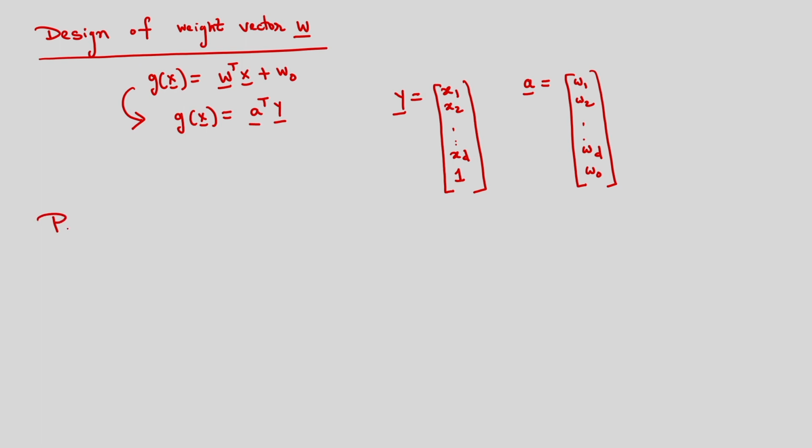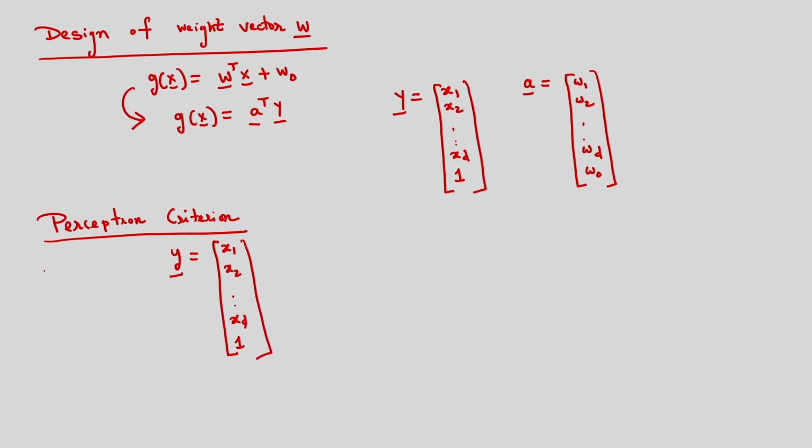So, what is the perceptron criterion? In the perceptron criterion, we considered Y, the augmented feature vector, that is nothing but x1, x2, xd, 1. This Y is obtained from X. X is d dimensional, and we get Y by appending 1, because I have to determine the homogeneous form.